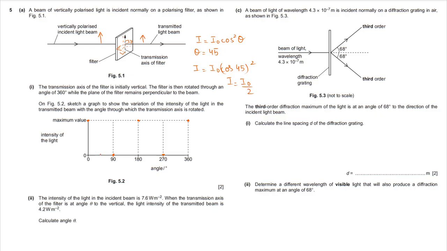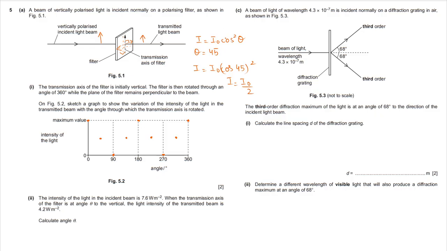So it means between 0 and 90 we will have half of the maximum value. Similarly, between 90 and 180, we will have a value which is half of the maximum value. So we will have half of the maximum value between the maximum point and the zero point.